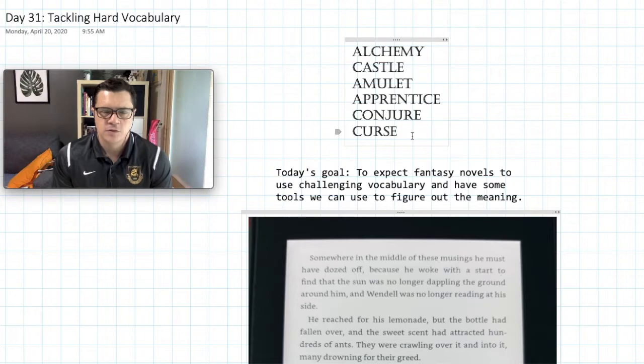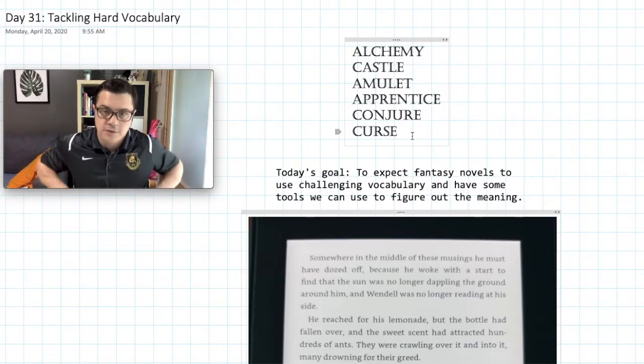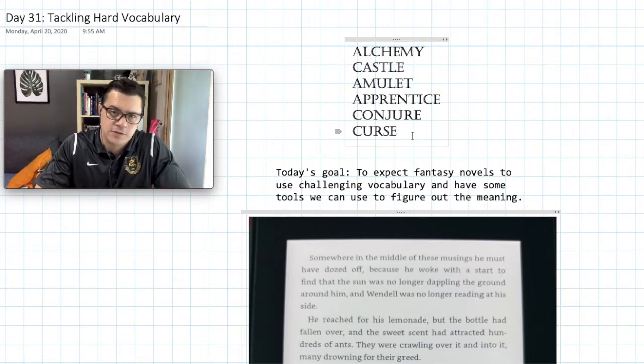Today we're going to talk about the vocabulary in our fantasy books and think about ways that we can figure out the words we don't know and how we can track the new words we learn throughout our books. Fantasy is kind of unique in that often the authors create their own words. Some authors have created their own languages to use in their books.